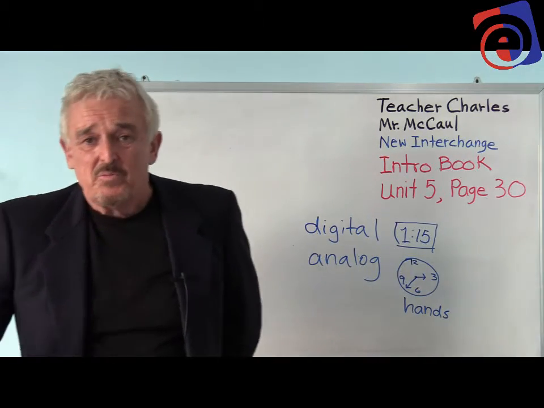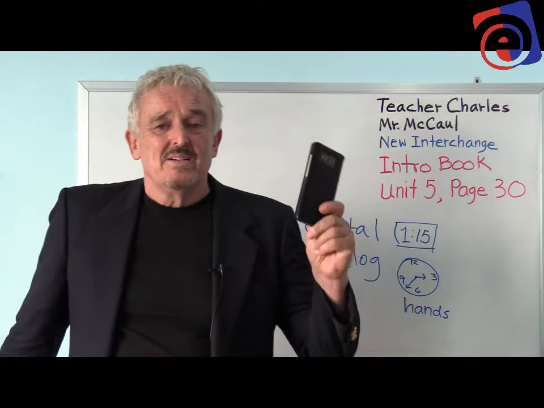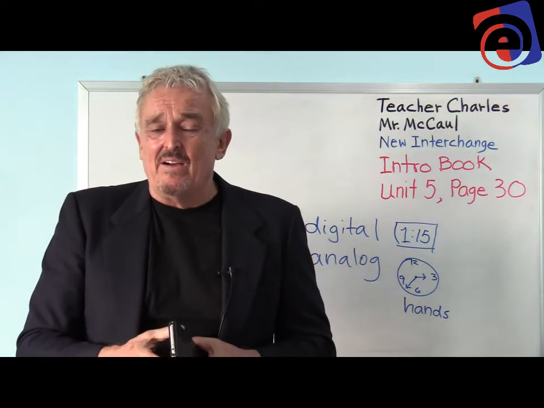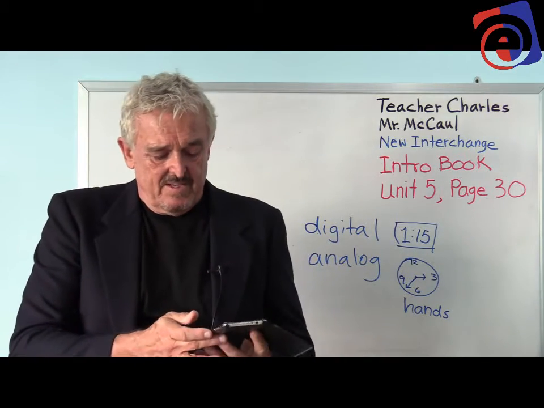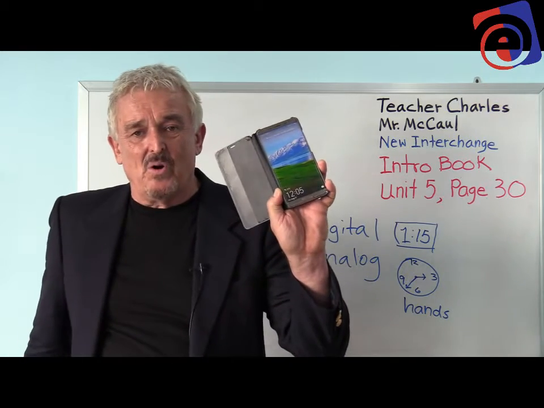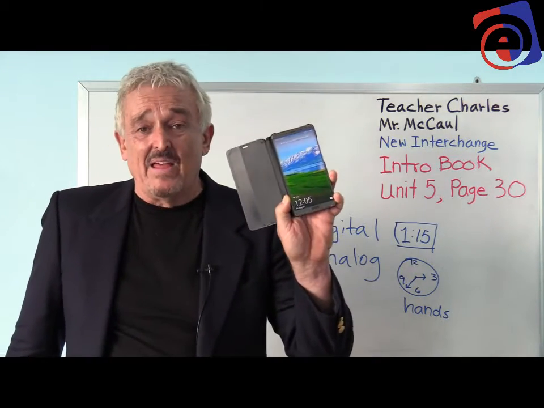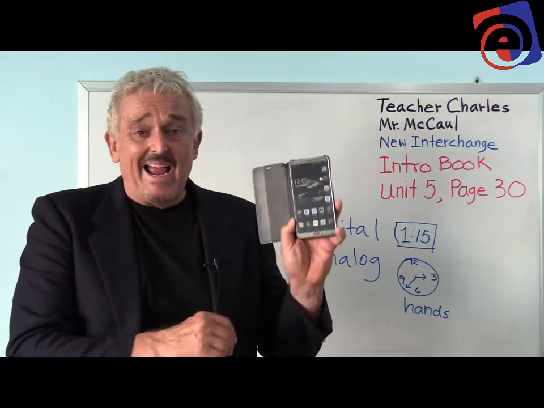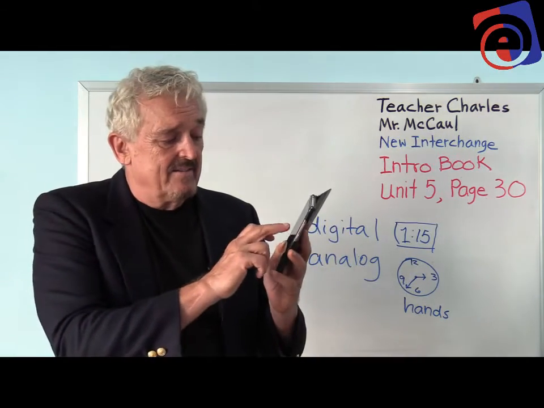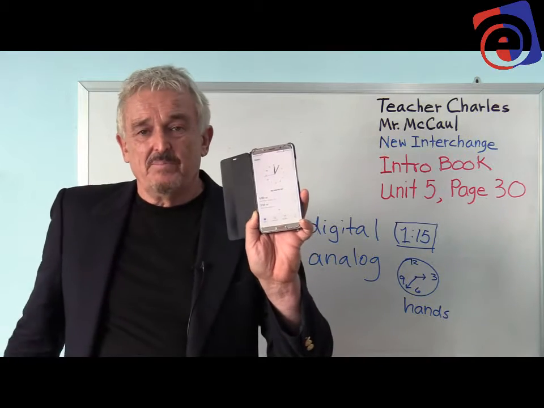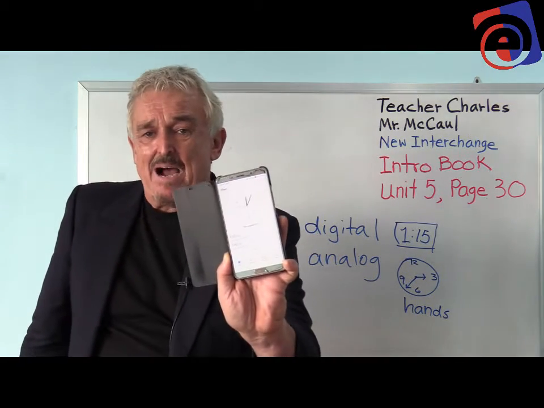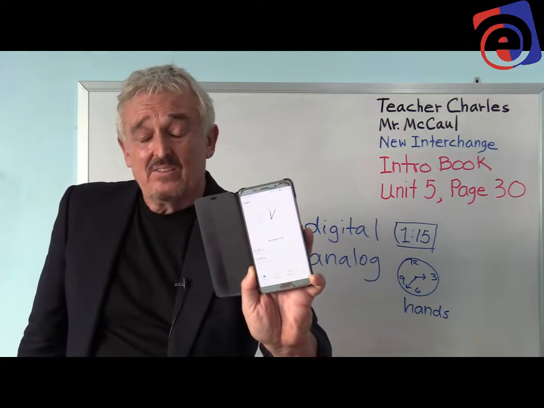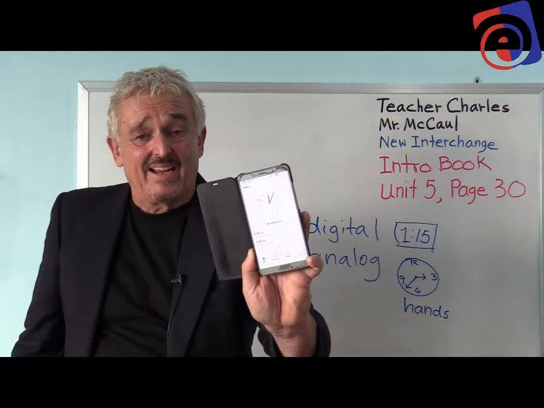And so what kind of clock do you have on your phone? If I look at my phone, I open it, and there's a digital clock on my phone. But I have a clock app. And look, when I open my clock app, there's an analog clock. So you can choose what kind you like.